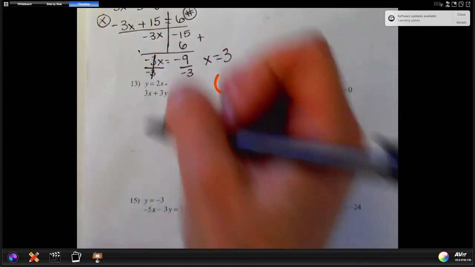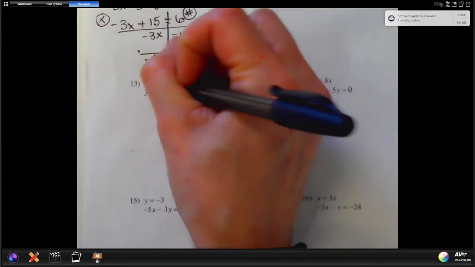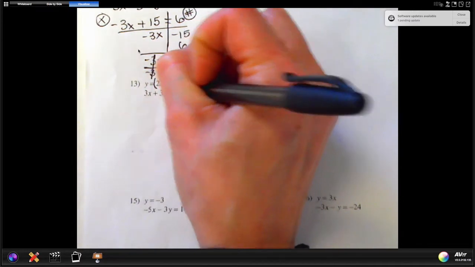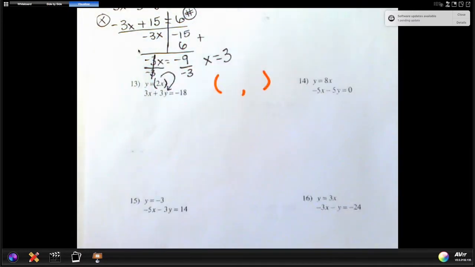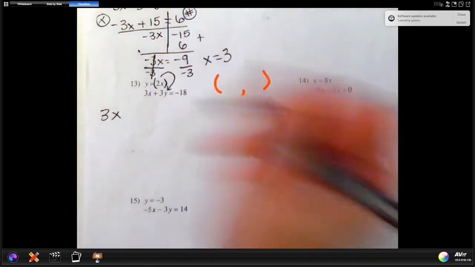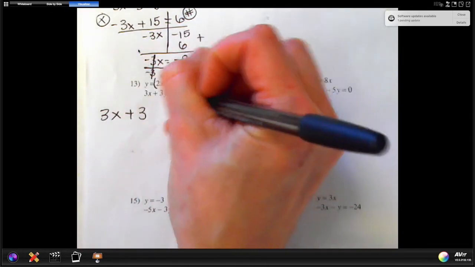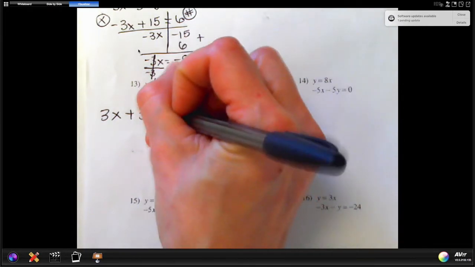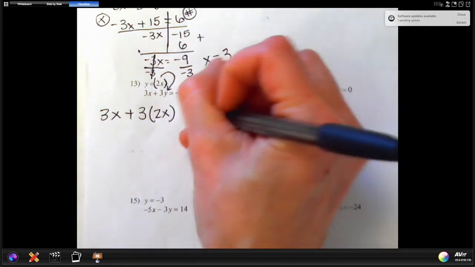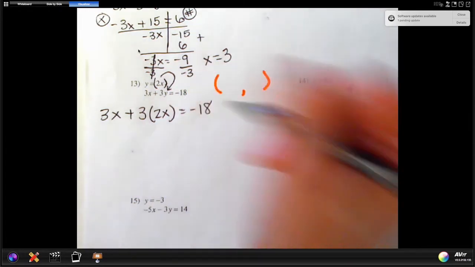So what I'm going to do is take the whole quantity, 2x, and substitute that in for the y here. And I'm going to rewrite it. So 3x plus 3, and instead of y now, I'm going to put a parenthesis and a 2x down from above, equal negative 18.